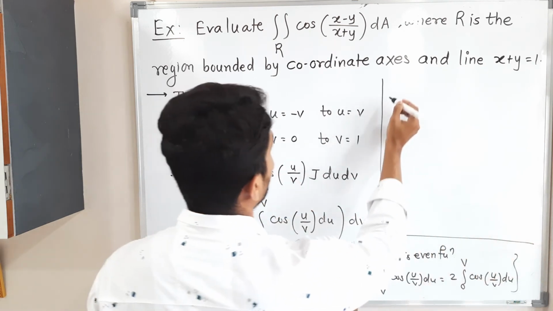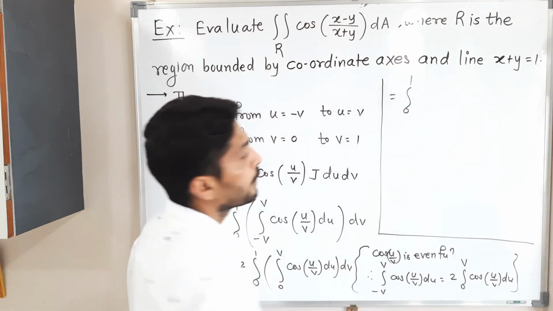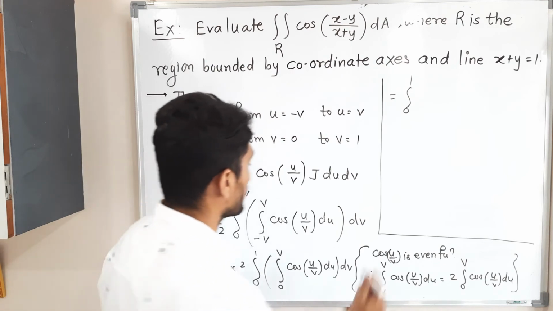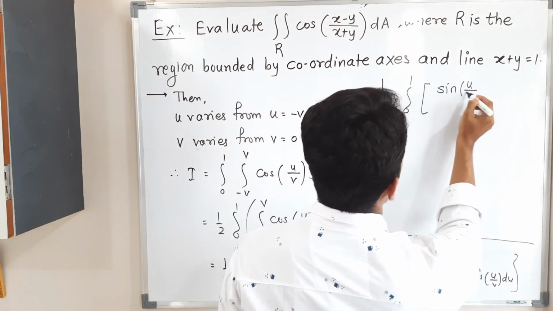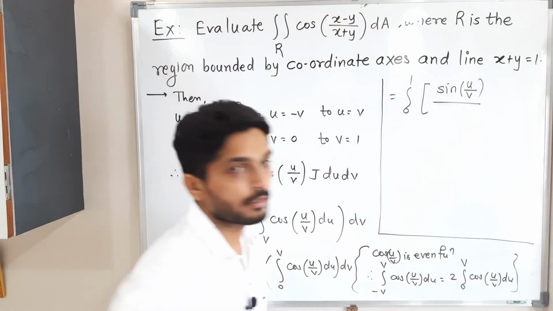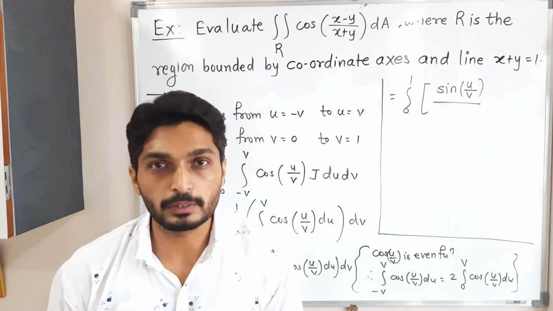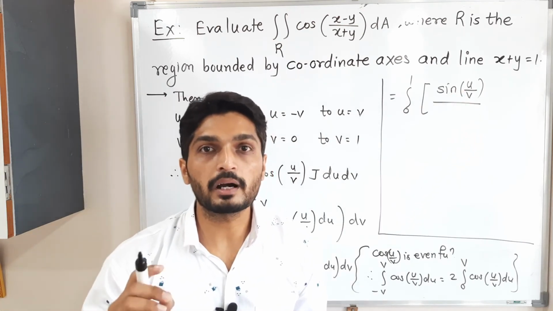So the 2s will get cancelled. Integration 0 to 1. What is the integration of cos? The integration of cos is sine. So therefore sine(u by v) divided by whatever the multiple of the angle is, we should write at the denominator. Here u is the variable and its multiple is 1 by v.